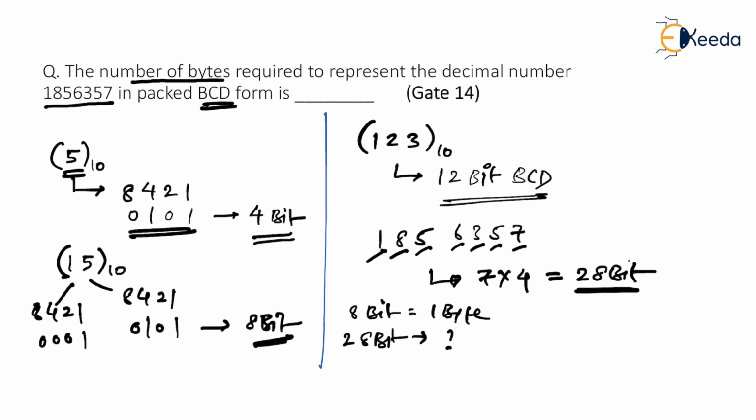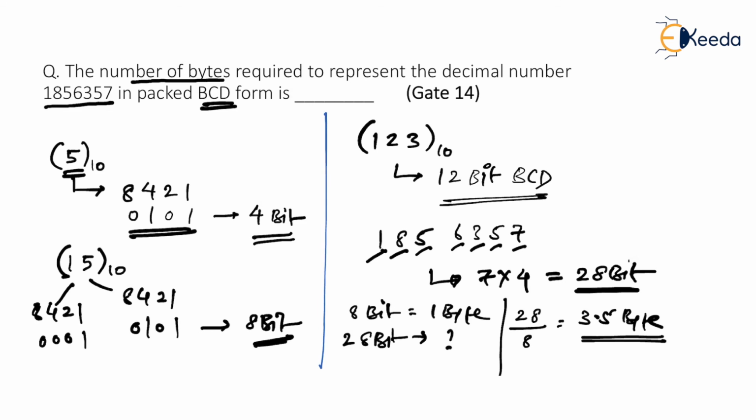So we just divide it by 8. If you do this, 28 divided by 8 gives you 3.5 bytes. Is that right? But let me tell you, when it comes to memory, it has to always be an integer in size. I cannot write 3.5 bytes, right? So I have to always write the higher integer number out of it.